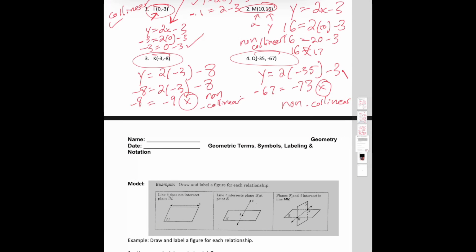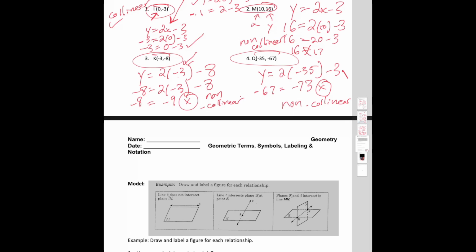So now let's continue and go over those examples. On number 3, once again, we're testing if they're collinear. That means we have to plug this point into this equation of the line to see if it fits on that line. If we plug in -3 for x and -8 for y, it should work out in the end to be the same thing on both sides. So 2 times -3 minus 8 better be equal to -8.